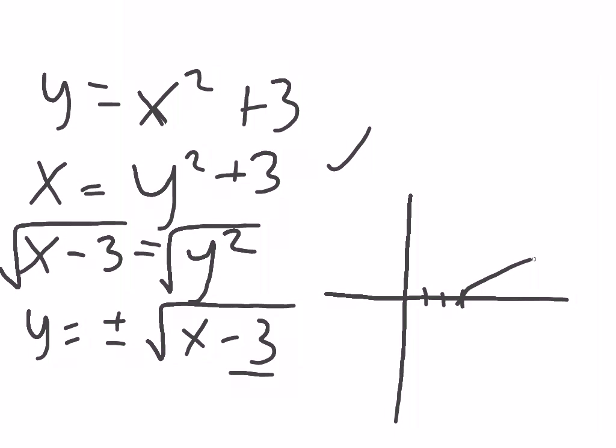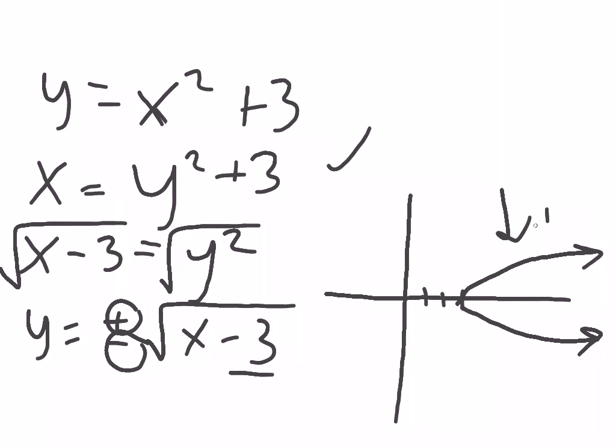So my square root function is going to look something like that. That's only the positive half. The negative half is this graph's reflection, something like that, because I had to do plus or minus. So this was the plus part, and this part was the minus part.